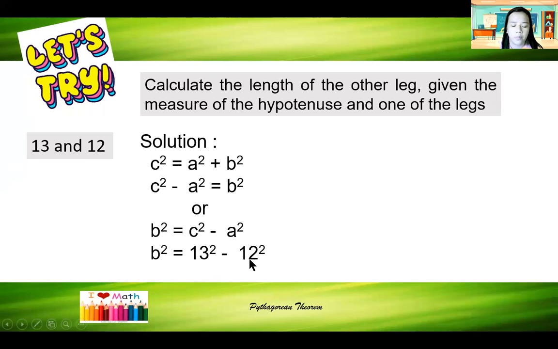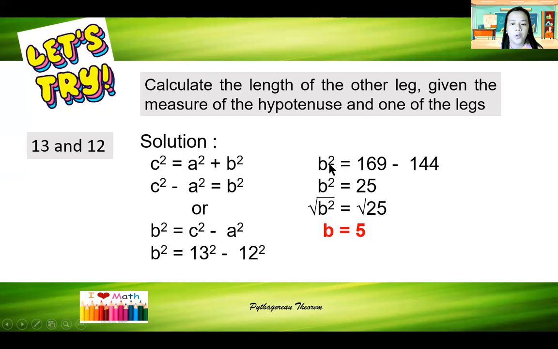So 13 to the second power minus 12 squared. So you have b squared is equal to 13 times 13 is 169, and 12 times 12 is 144. 169 minus 144 is 25.